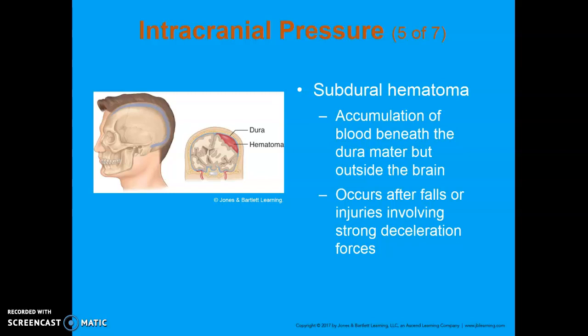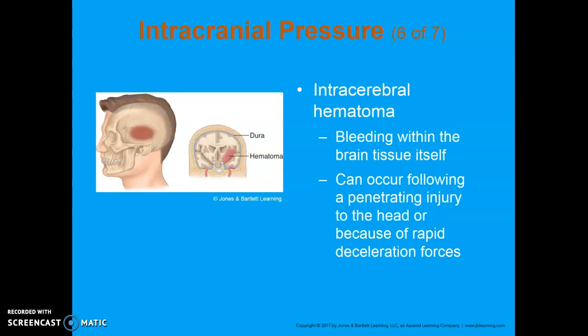Patients often exhibit various signs depending on how bad it is. They may start out fully conscious, and then it continues to decrease, with increasing amounts of slurred speech, but not as quickly progressing as an epidural. But they still need to be evaluated because there can be some pretty long-term effects.